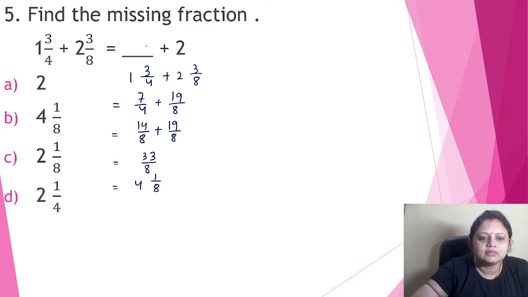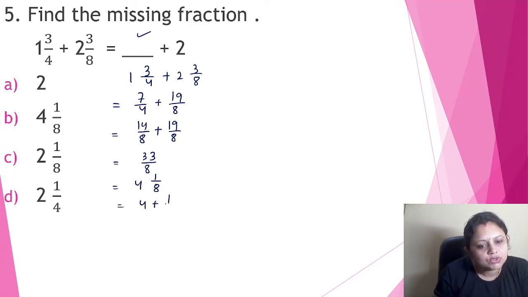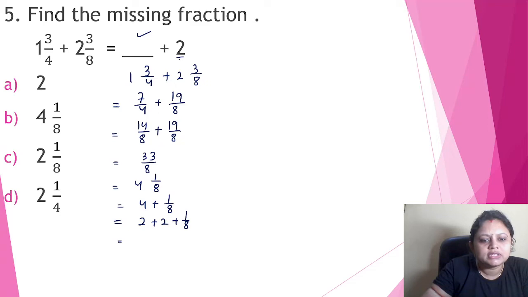So here it is telling that dash plus 2. So 4 whole 1 by 8 means it is 4 plus 1 by 8. Meaning is same. 4 whole 1 by 8, that is 4 plus 1 by 8. So we can write it as 2 plus 2 plus 1 by 8. So 2 is already here.